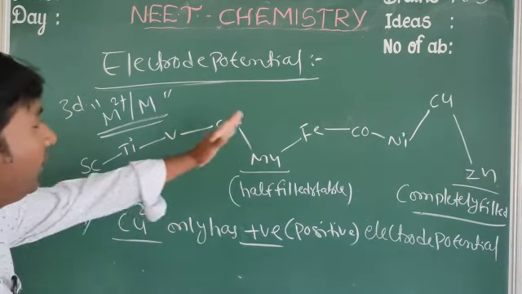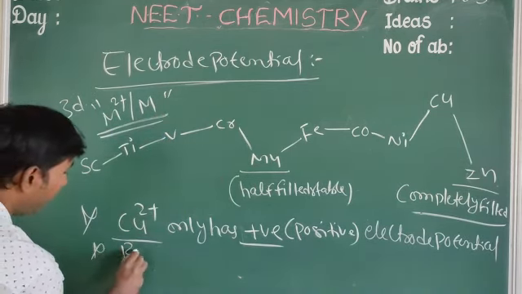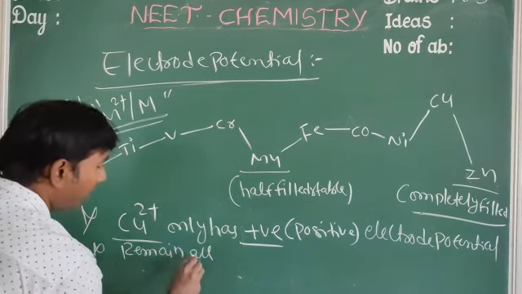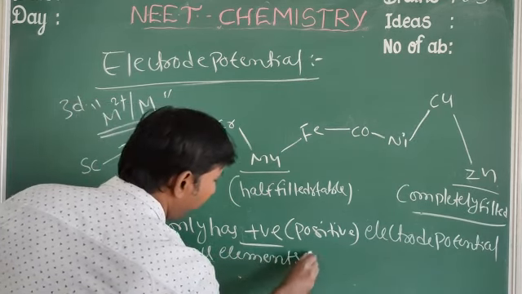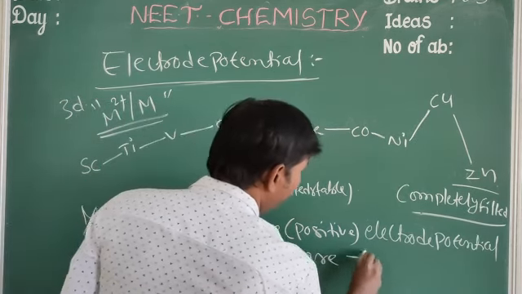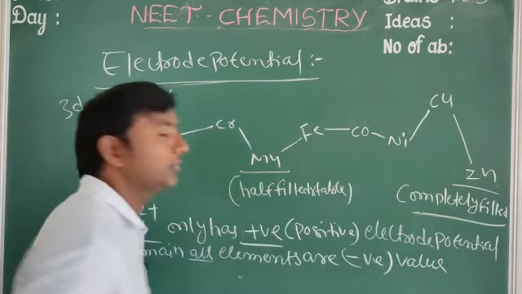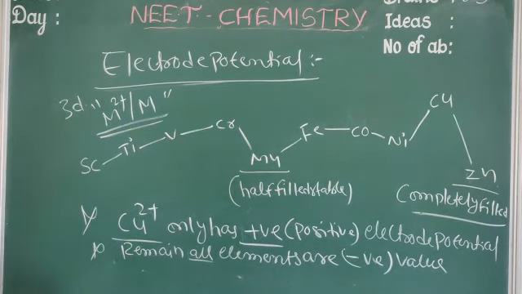Remaining all elements in the 3d series have negative values. Only copper has a positive electrode potential value.